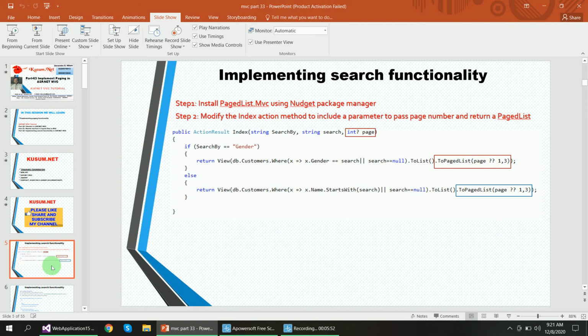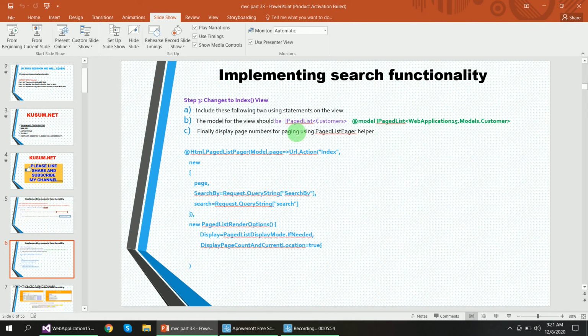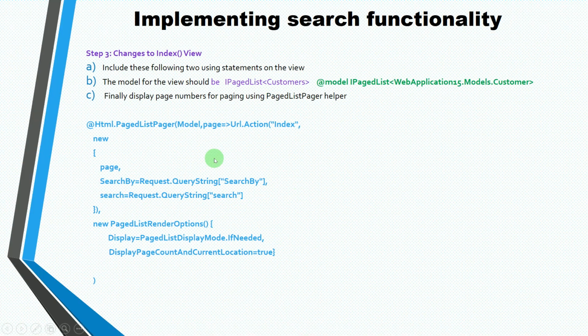So let's go to the next page and see. This is my step 3, changes to the index view. First, include the following two using statements on the view. On the index view, I will use @using PagedList.Mvc and @using PagedList.